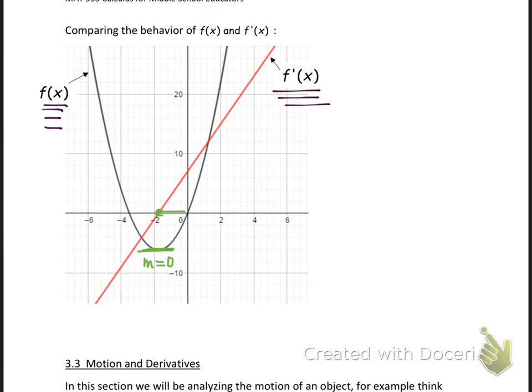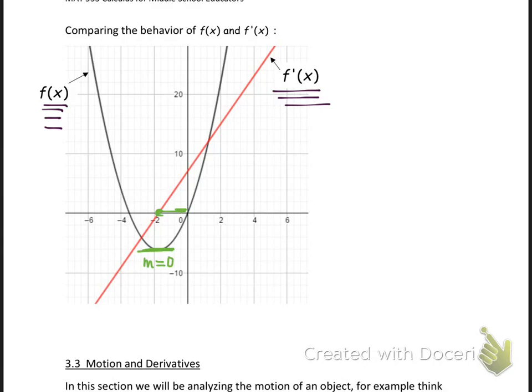So this value is 0. So you read the slope of the function off of the y-axis when you look at the derivative of the function. Okay, so we're going to relax about that and not get too stressed about the terminology. I want you just to get a flavor of it.